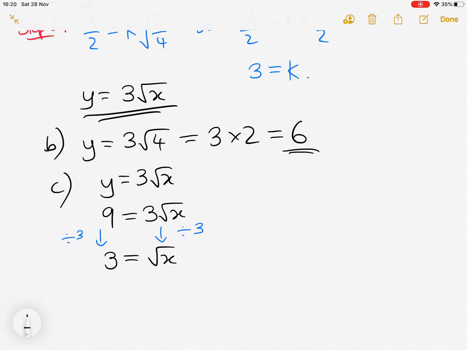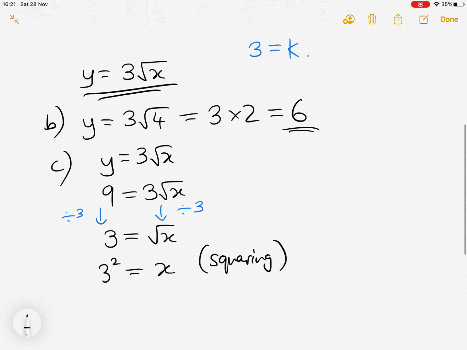So 3 is equal to the square root of x. And we want to find x, so now we need to do something else that will give us x. What can we do to both sides to undo the square root? We can square. So if we square both sides, we'll get x is equal to 3 squared. 3 squared is 9, so therefore x is 9.